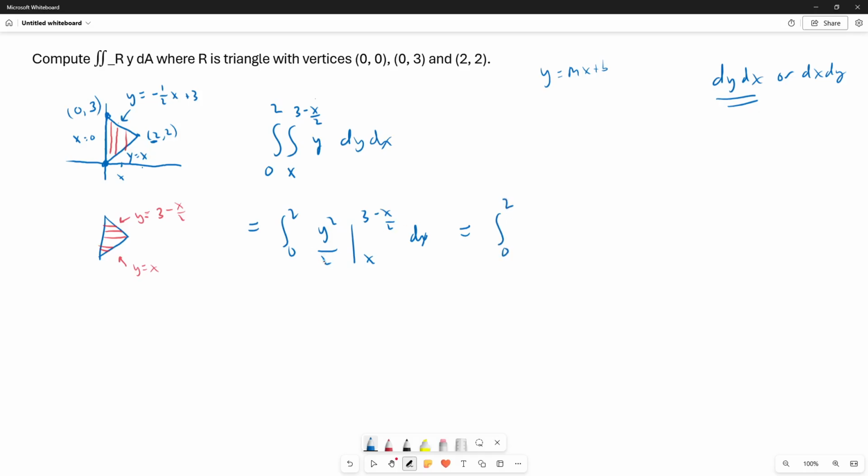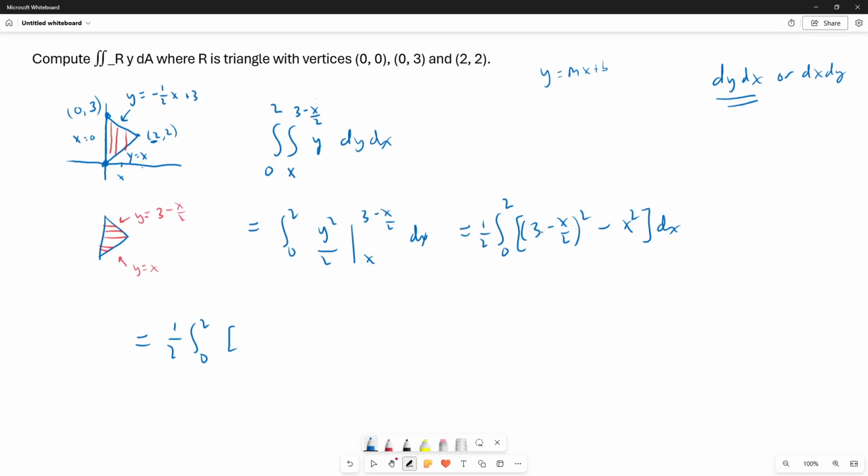Let's take this 1/2 out here, because we have to square 3 minus x over 2, and then minus x squared. So we have to integrate this. We have a little bit of algebra to do, but it's just an integral of a quadratic polynomial in one variable. So we have the integral from 0 to 2.